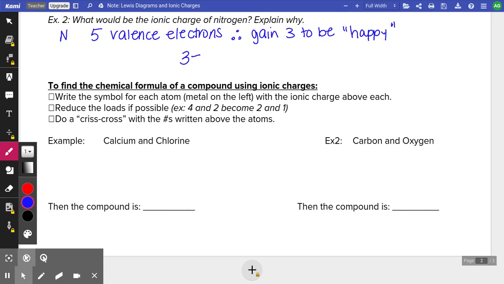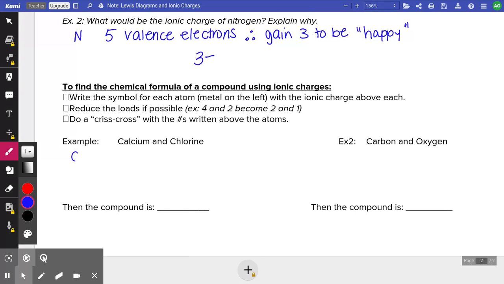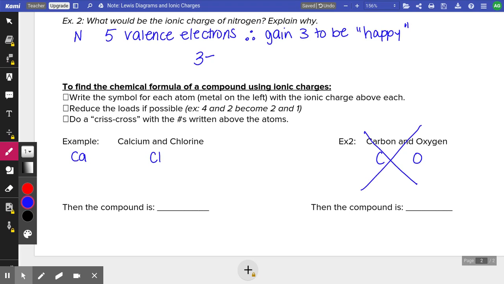So if I want to find the chemical formula for these 2 things, I've got calcium and chlorine, and carbon and oxygen. Okay, we're going to focus on calcium and chlorine and not on carbon and oxygen. It's not a good example. Okay, so calcium and chlorine. Calcium will have an ionic charge of what?